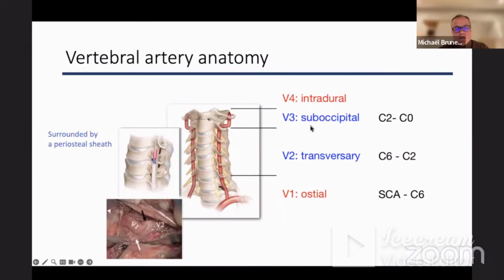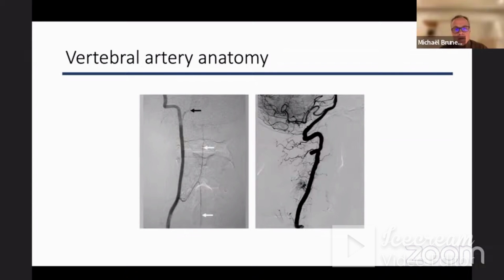This is a big anatomical difference and it has many surgical consequences, compared to V1 and V4, which are truly the artery that is visible directly when you expose the artery. This is just the junction between V1 and V2, and you see here the periosteal sheath surrounding V2, and here at the level of V1, followed by the vertebral vein. This is a big difference when you are dealing with the vertebral artery.